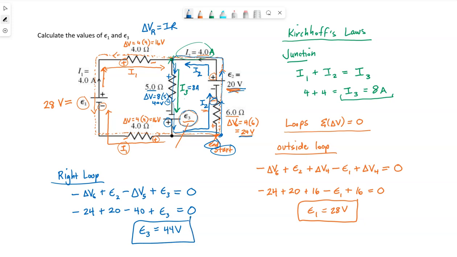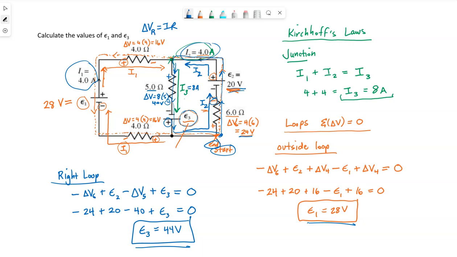So this is telling us that a battery of 44 volts in the middle, a battery of 28 volts on the left, and the 20 volts that we were given in the first place will result in these currents of the 4 amps that were given in the problem to begin with.